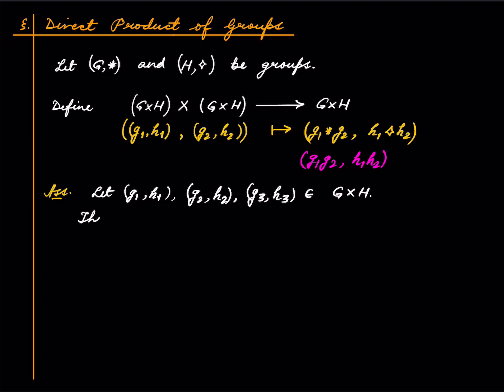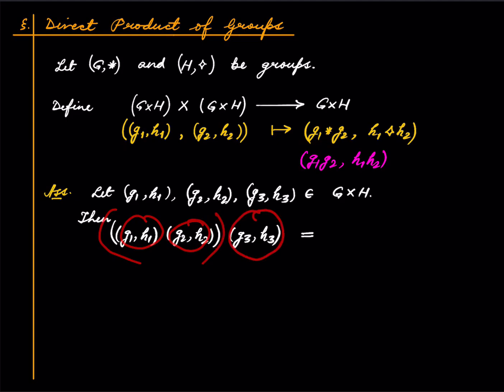Then we have (G1, H1) operated with (G2, H2), and then multiplied with (G3, H3). First we are multiplying these two together, and then we are multiplying that with the third.